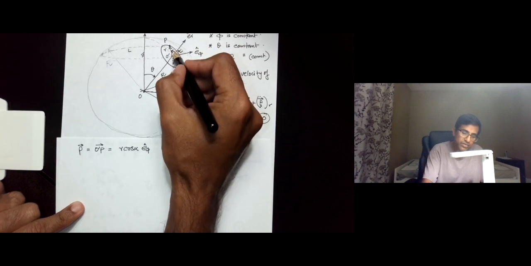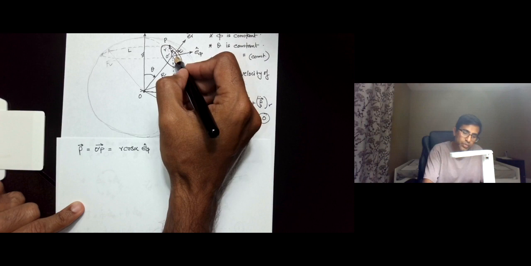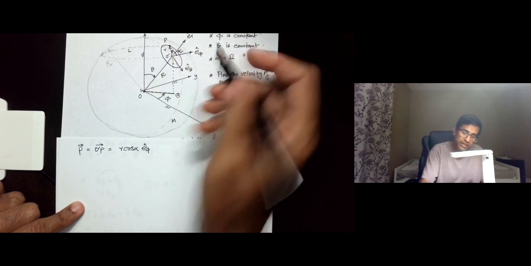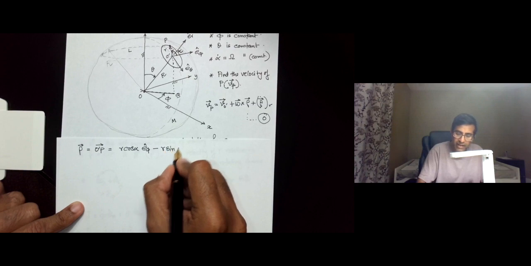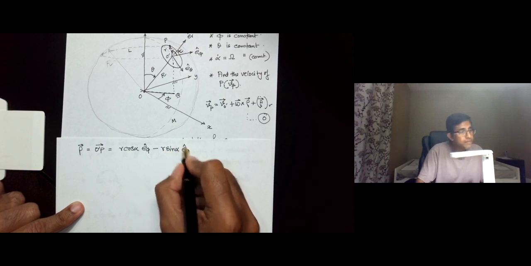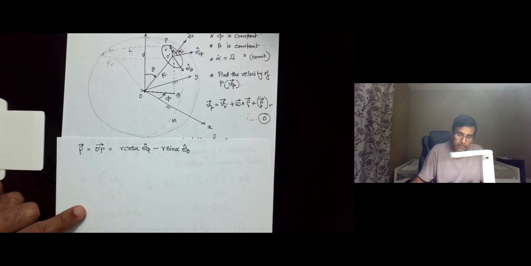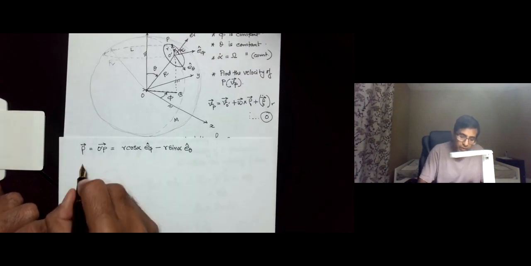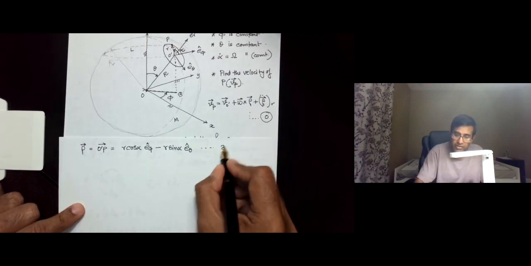And if you then do r, small r, sine alpha, as you can see, it is going to project it on the E theta, but in the negative E theta direction. So negative r sine alpha E theta. Alright, let's call this equation 3.